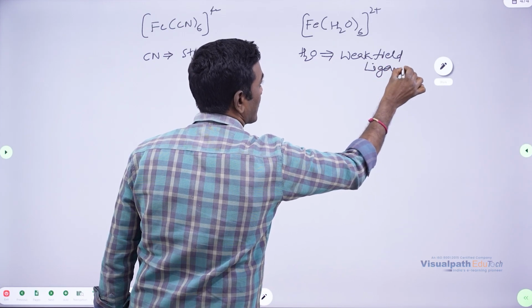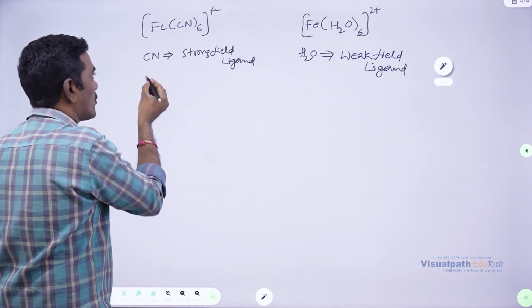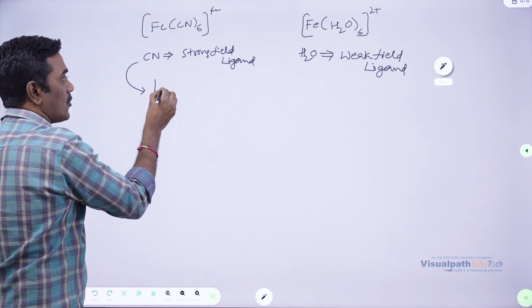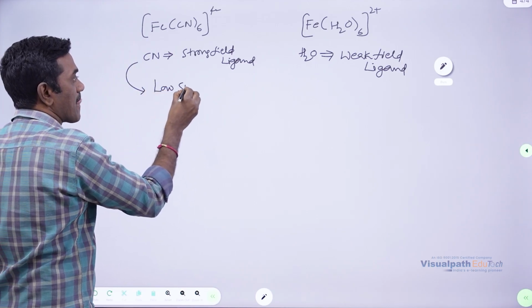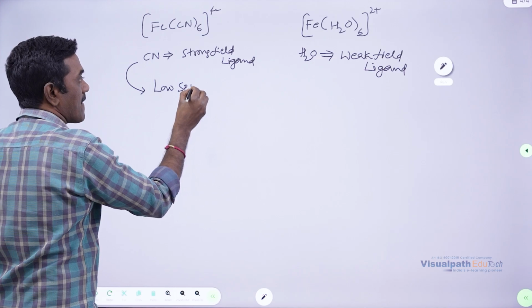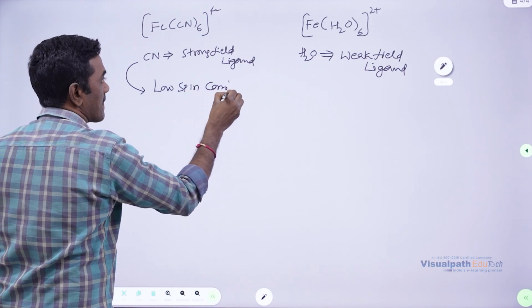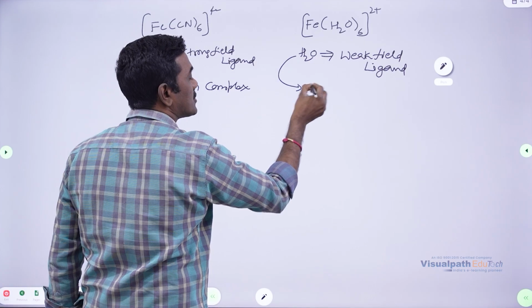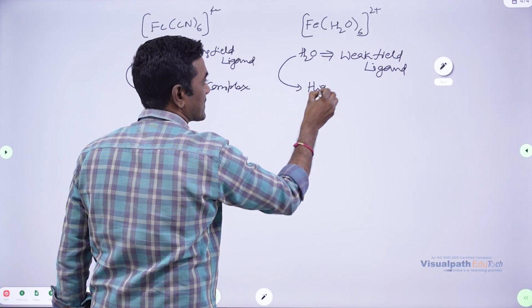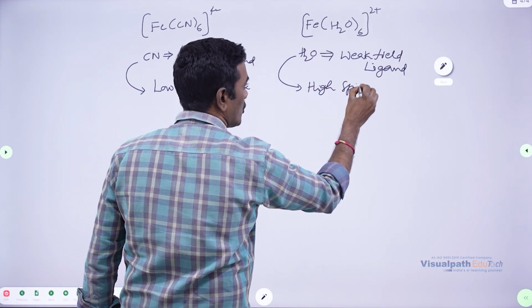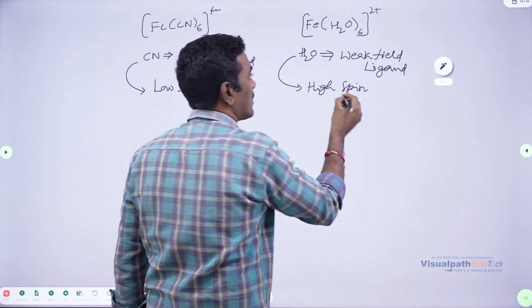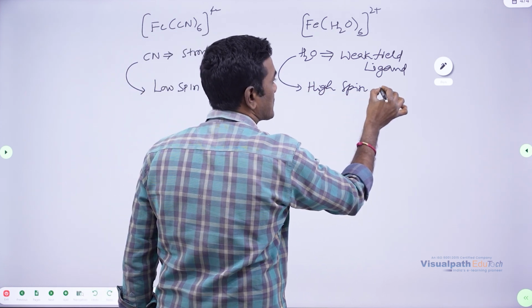A strong field ligand will give a low spin complex, and the weak ligand will give a high spin complex. I am going to show the calculation of CFSE for both examples.